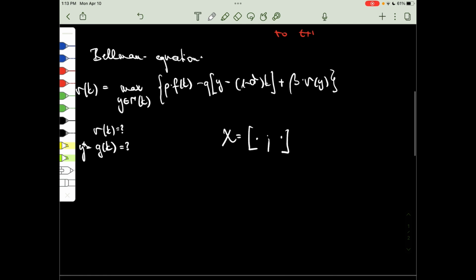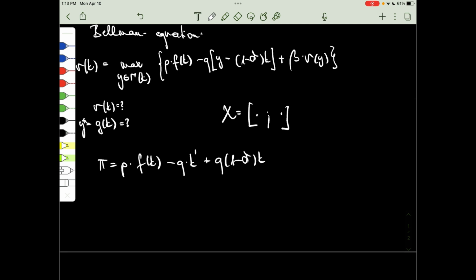Let's try to do so. So we have this profit function. This is the simple one period return function. And on a competitive market, profit is 0. And assuming that profit is 0, we have this result.